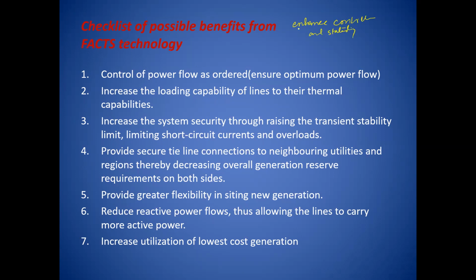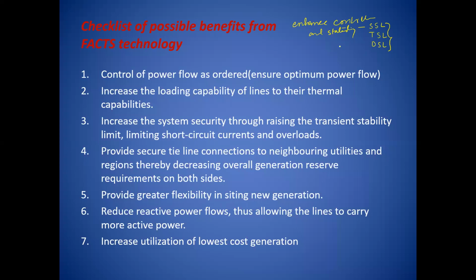If we are able to enhance the controllability of the transmission line or a parameter of the transmission line, we enhance the power handling capacity of the transmission line, and second is to improve the stability of the system. Stability may be steady state stability, transient stability limit, or dynamic stability limit. So this is one way, and to enhance the power handling capacity up to its thermal capacity.